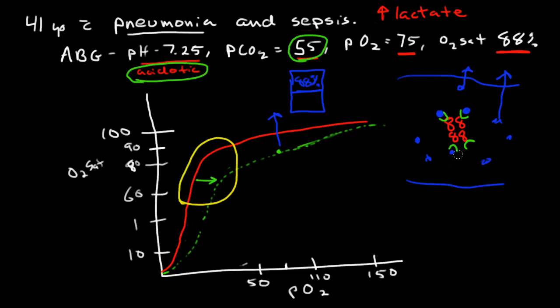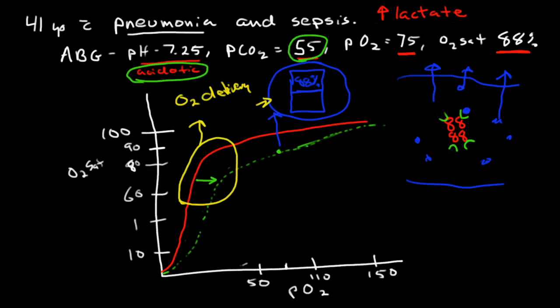And because these receptors are so loose, they're going to unbind much more readily, so more oxygen is going to be available to be delivered into the tissues. So even though the patient is hypoxic at the arterial level, they may not be so hypoxic at the tissue level. So their oxygen delivery is actually very good in spite of the low saturation at the arterial level.